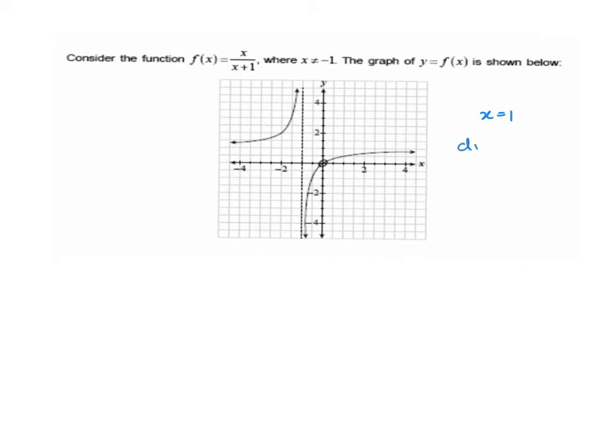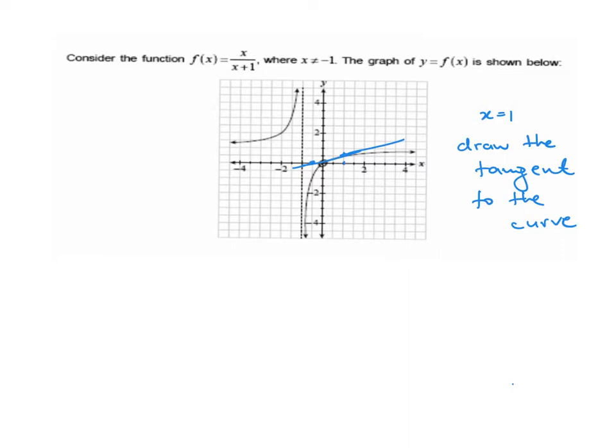I'm just going to draw the tangent to the curve. Okay. And 2 here is 1. So when x is equal to 1, we're going to have a straight line, the tangent.